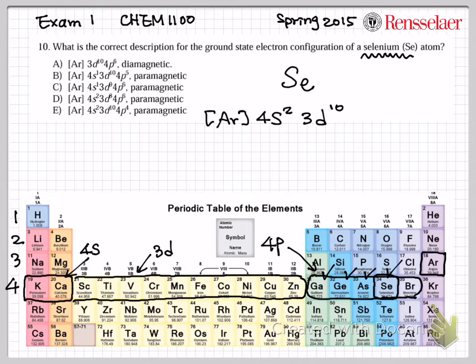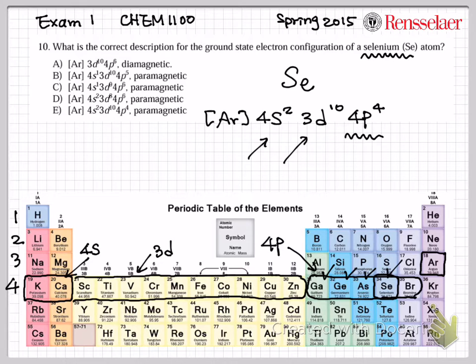So you have 4 electrons in 4p. What determines diamagnetic versus paramagnetic is whether there's any unpaired electron, and these are all paired, so I don't have to worry about it.